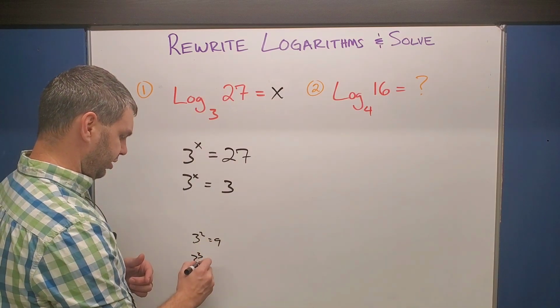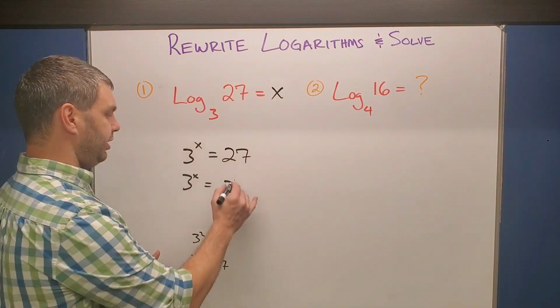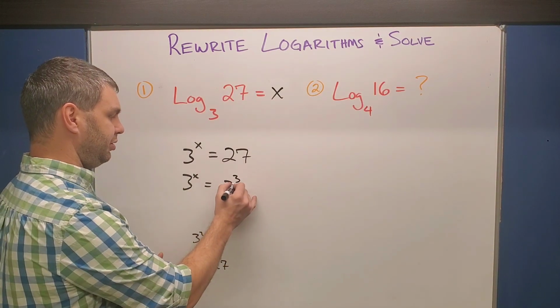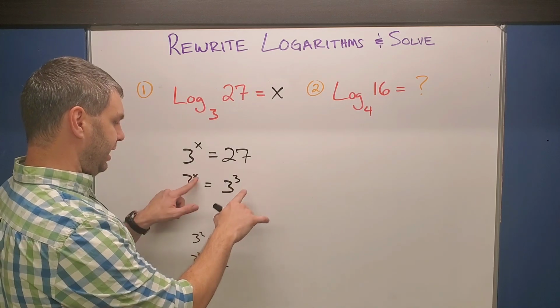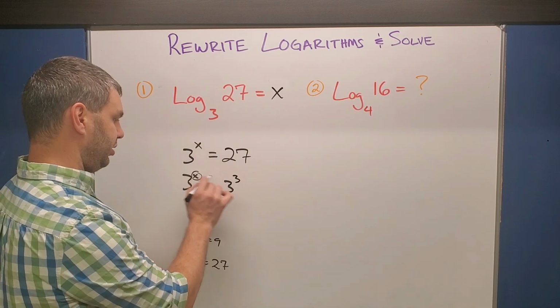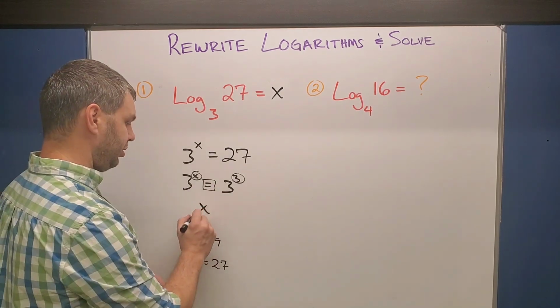What about 3 to the third power? Yeah, that's 27: 3 times 3 times 3. And so 3 to the x is going to equal 3 to the third here. Now as long as these bases are both the same, my x is going to equal 3, right? Those are both in the same spot. So in order for my equal sign to be true, x would have to equal 3.